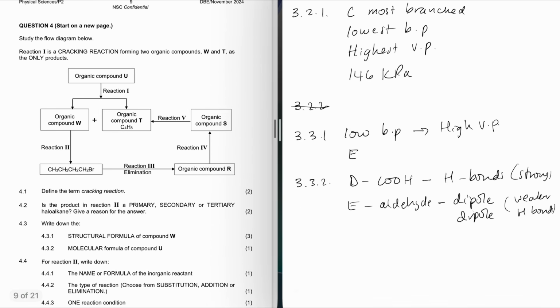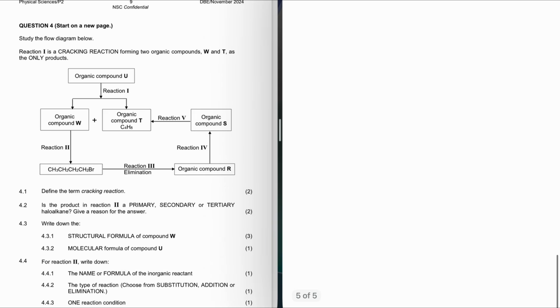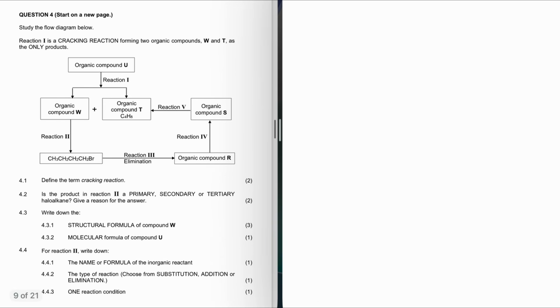Now moving on to question number 4, which are reactions. Study the flow diagram below. Reaction 1 is a cracking reaction forming two organic compounds, W and T, as the only products. So we have this flow diagram that looks kind of hectic, and they're asking us to define a cracking reaction, and then we leave that out. Let's move to 4.2. So 4.2 is the product in reaction 2.